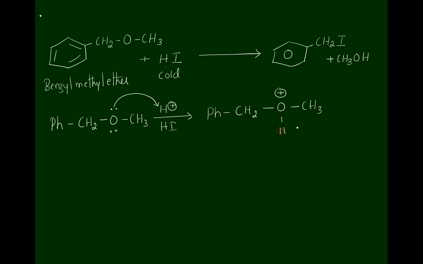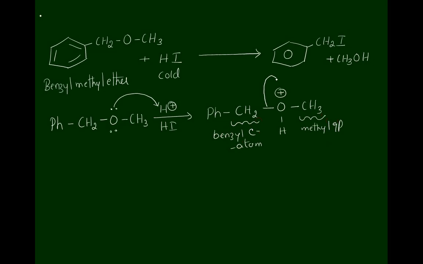Now this is the hydrogen atom. This will be the methyl group, and this will be the benzyl carbon atom, and we know that benzyl carbocation is more stable than a normal carbocation.